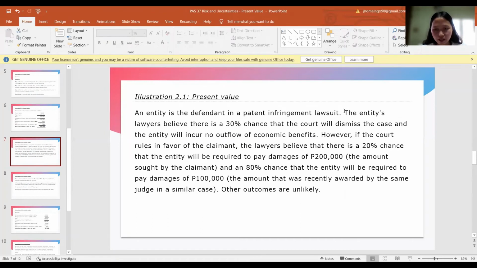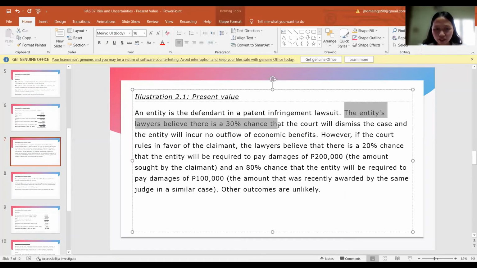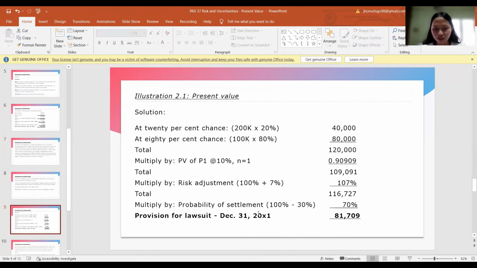The entity's lawyer believes there is a 30% chance that the court will dismiss the case. So if the 30% is the court will dismiss the case, the remaining 70% will not dismiss. So that is the probability of settlement. So 116,727 times 70% is equal to 81,709, which is our provision for lawsuit on December 31, 20x1.